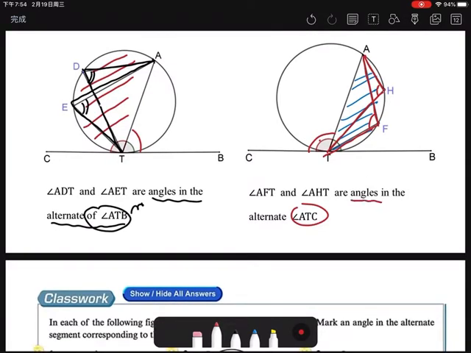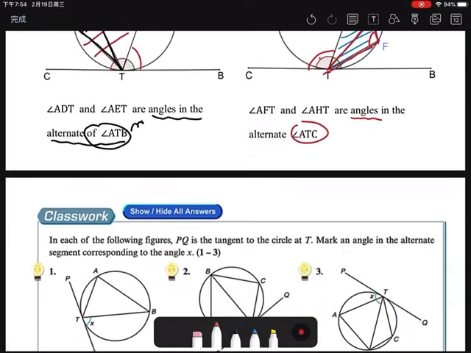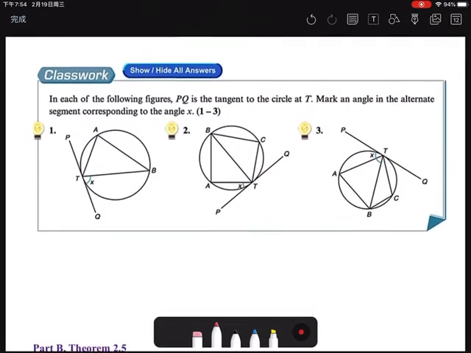So here we introduce the third concept, angle in alternate segment. It is just the angle in the segment, but the segment is the alternate segment corresponding to an angle.